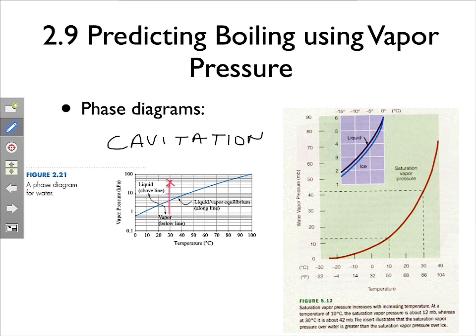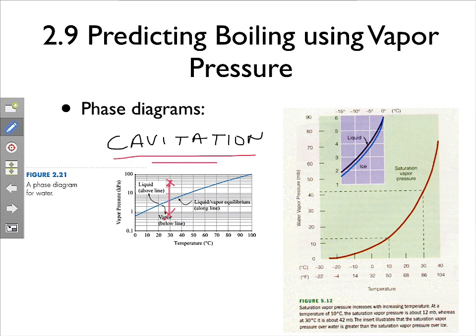If the pressure decreases really rapidly, we can cause that liquid to vaporize inside the pipe, and that can be a very dangerous situation for the pipe. Sometimes you can hear pipes popping and hissing and making noises inside them. Normally that's cavitation, and it can cause destruction of the pipe material. So this is a very important point.